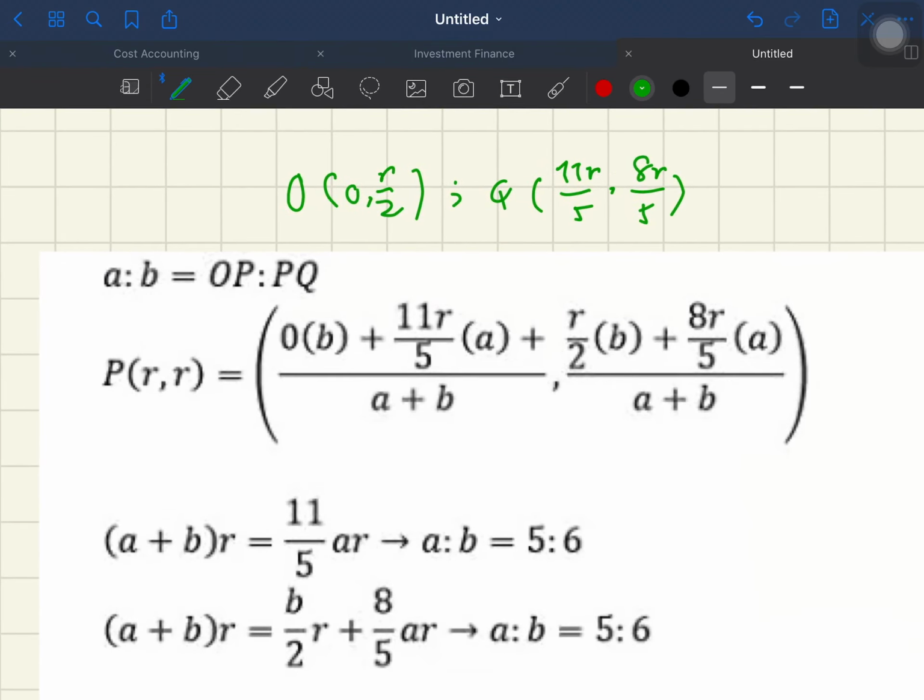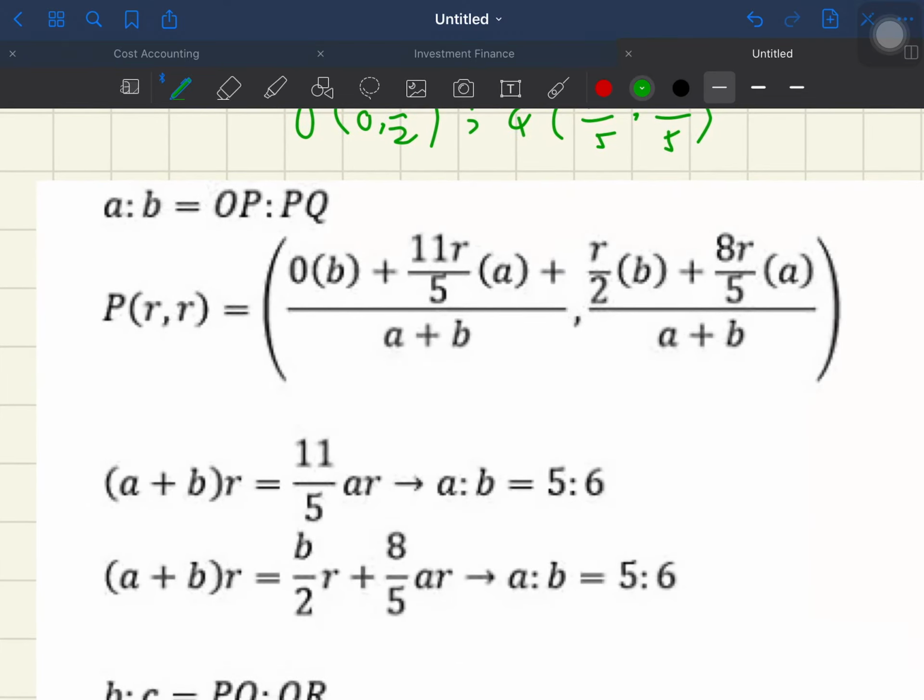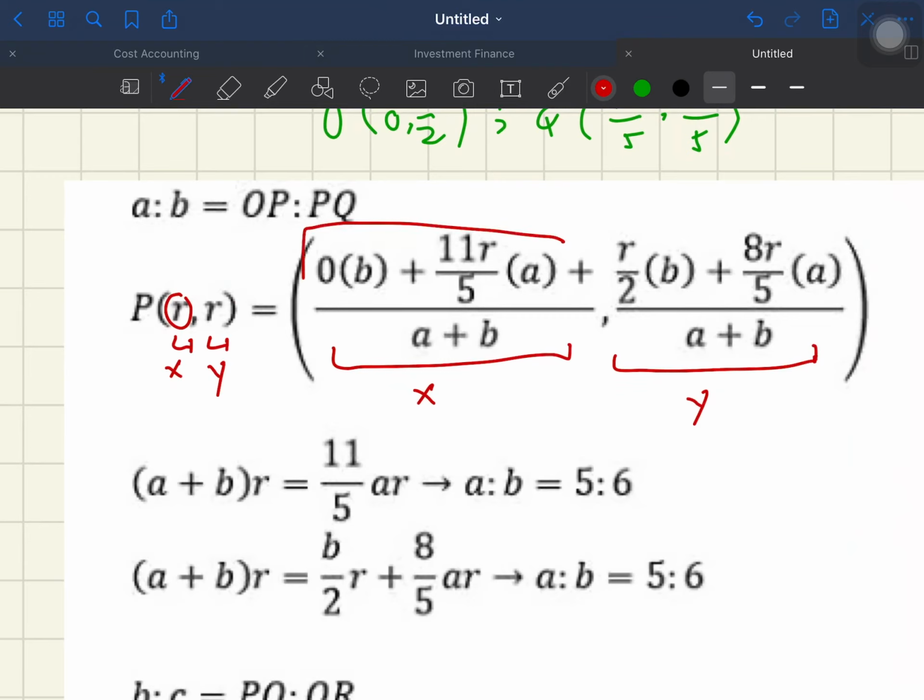Hence, with these three points given, we're able to find the ratio of A and B. Just compare this x coordinate, and then this x, and then this one is y, and on the right side, the y, which is r, is also the y coordinate of P. So x here equals this entire thing.